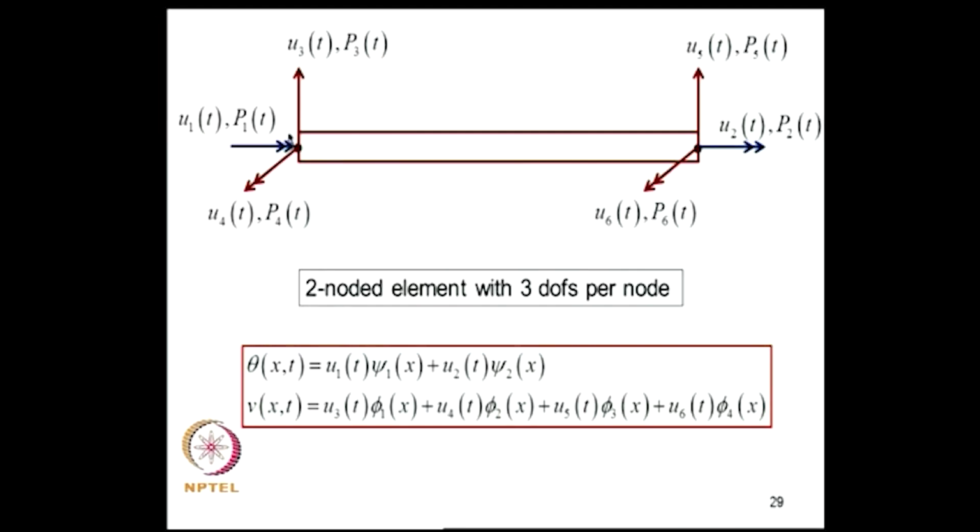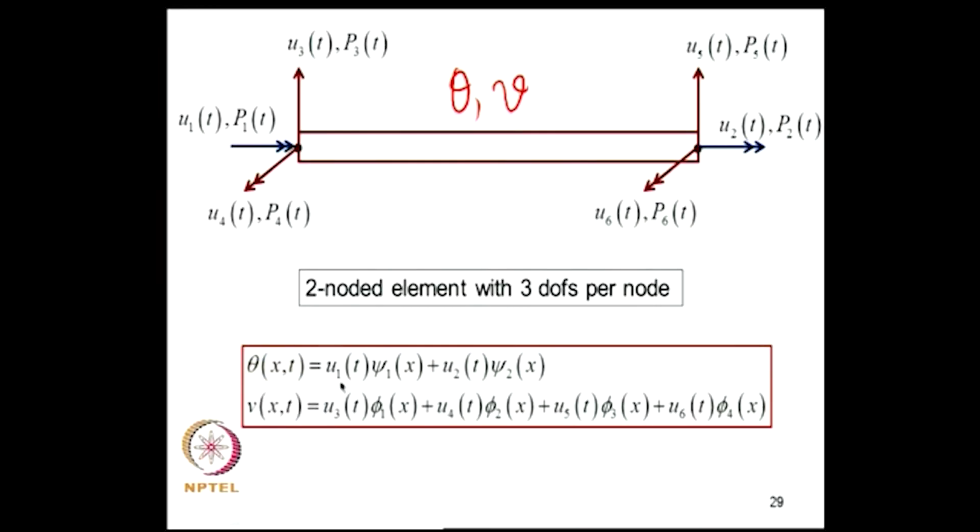So, now u1 and u2 are the twisting degrees of freedom, and u3, u4, u5, u6 are the degrees of freedom due to bending. So, we can assume the field variables are theta and v. These can be interpolated in terms of the nodal values.